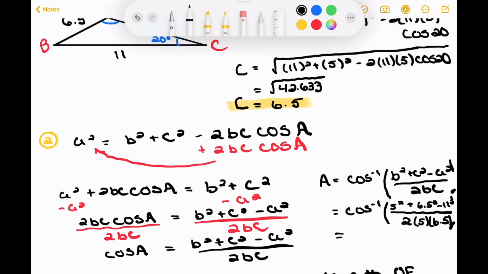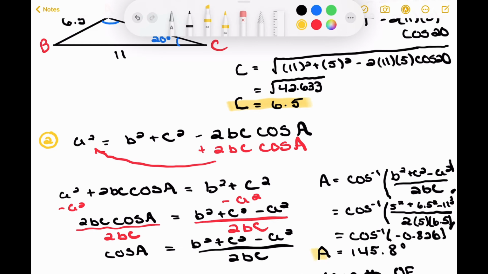When we put this into our calculator, we're going to get cos inverse of negative 0.826. And then when we calculate that, we can say A is equal to 145.8 degrees. And that was to the nearest tenth.